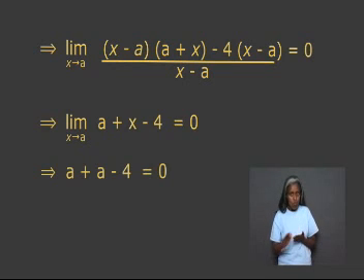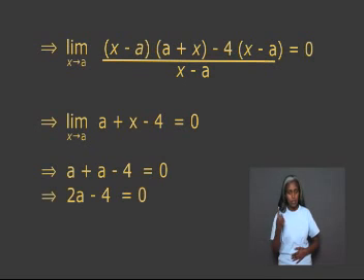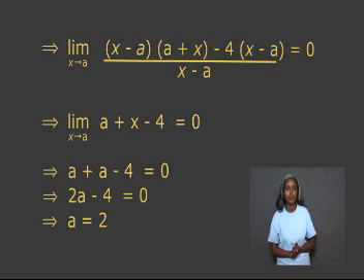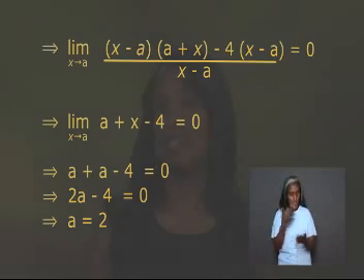Removing the limit from the equation, we find that 2a minus 4 equals 0. Therefore, a must equal 2. If that is the same answer you found, great work!